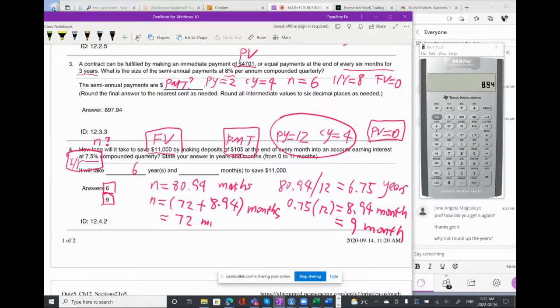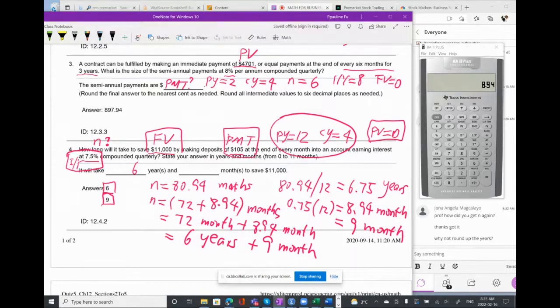And equal to 72 months plus 8.94 months. 72 months is 6 years plus 9 months, round up. This is another way to do it. Just use common sense. Everybody knows 1 year has 12 months. That is common sense.